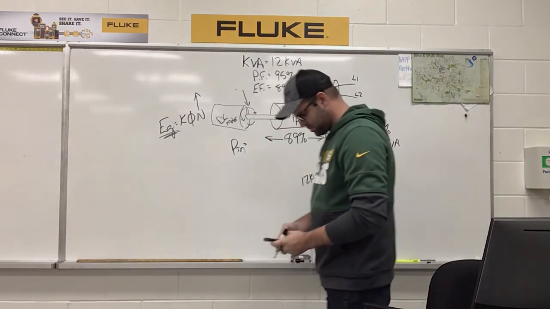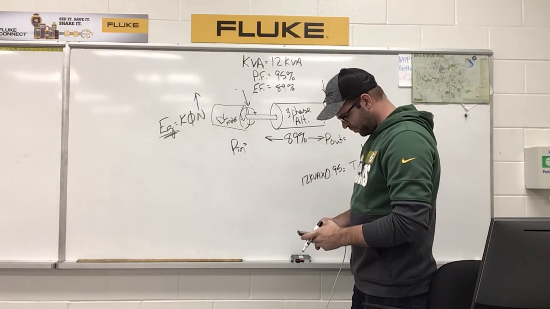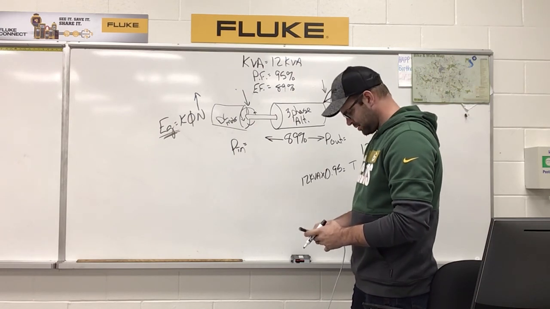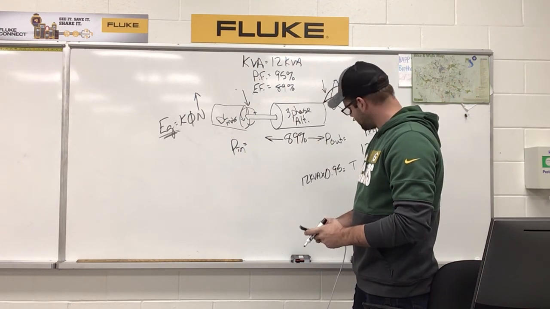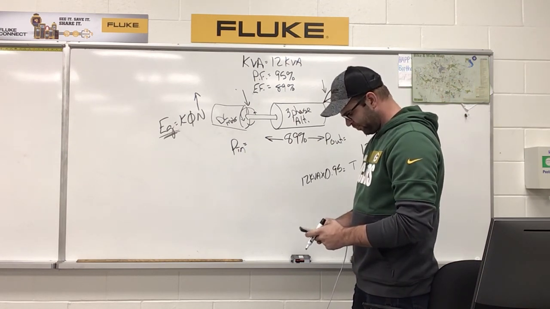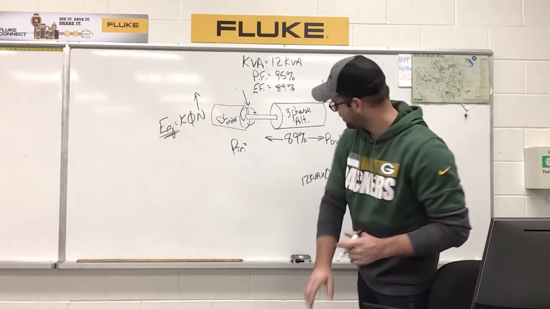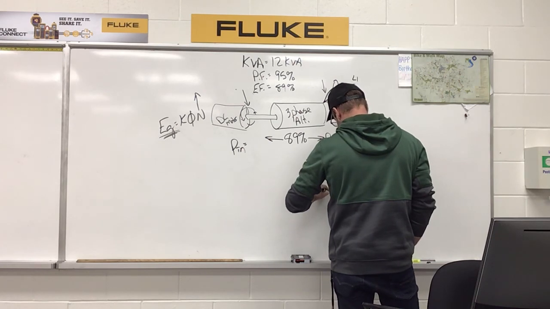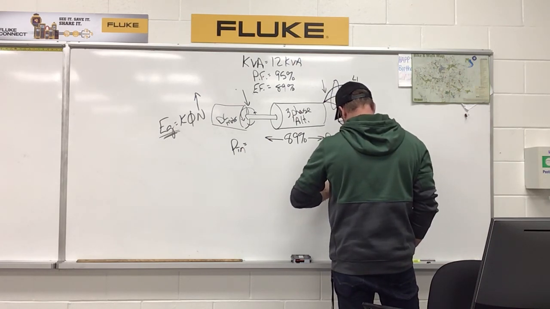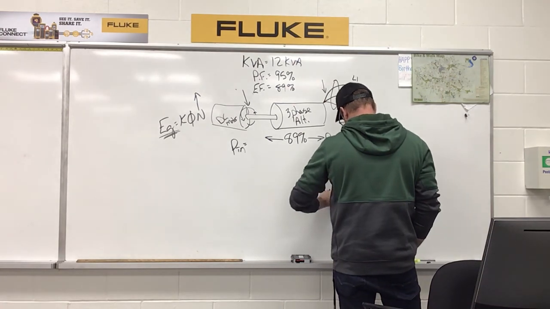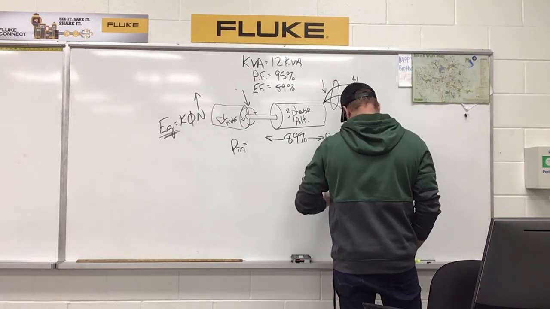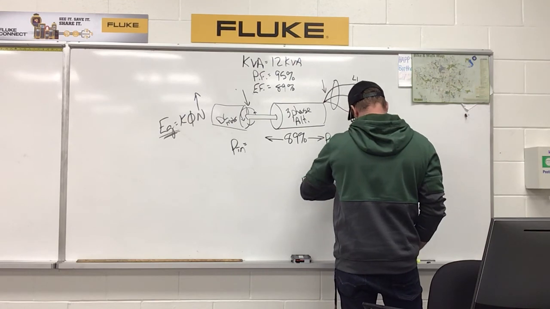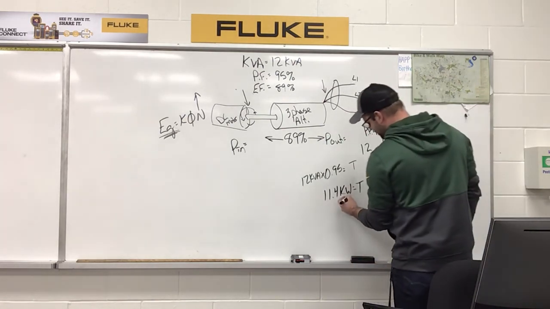So if I plug this in, 12 kVA times 0.95, we get 11.4 kVA, or sorry, kilowatts. We have 11.4 kilowatts is our true power. So remember to keep that as true power.